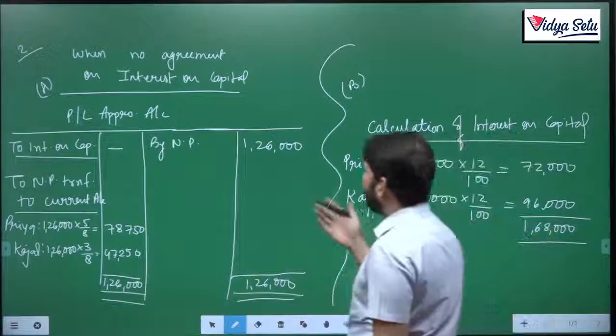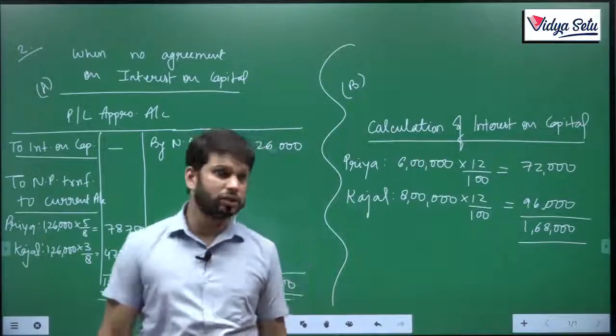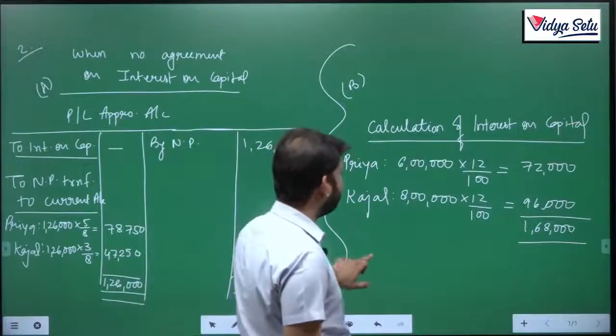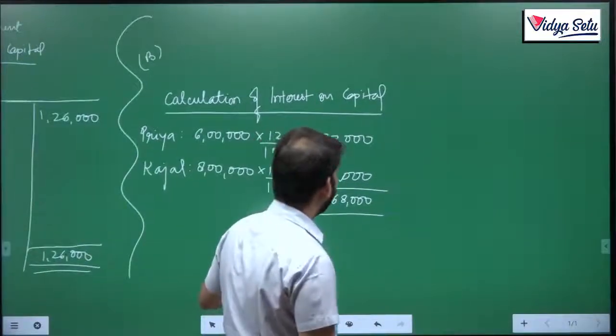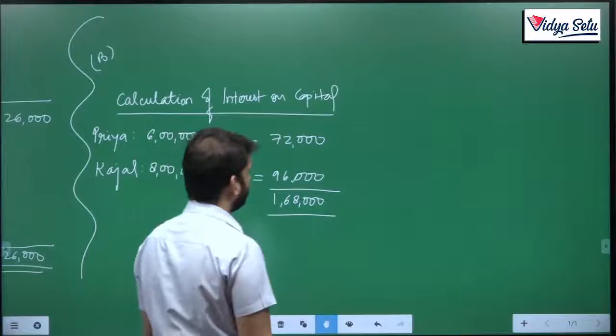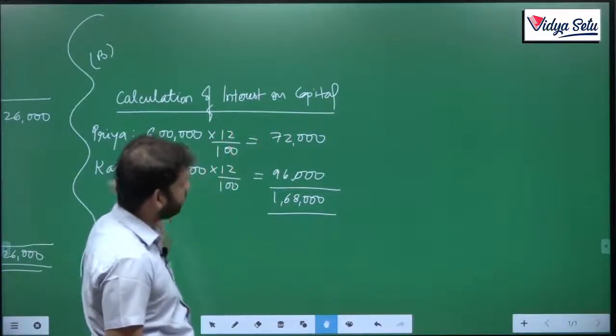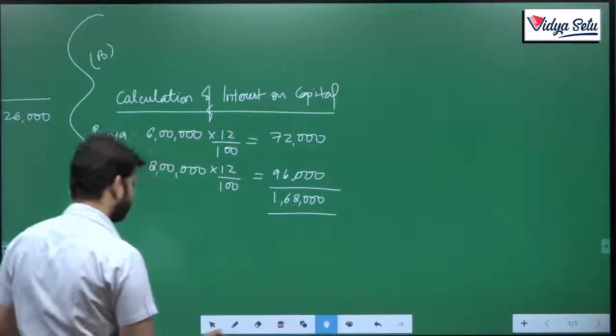Now, we have profit of only 1,26,000. So, obviously, we cannot give 1,68,000. So, what we'll do, we will give this profit of 1,26,000 in the ratio of 72,000 and 96,000.